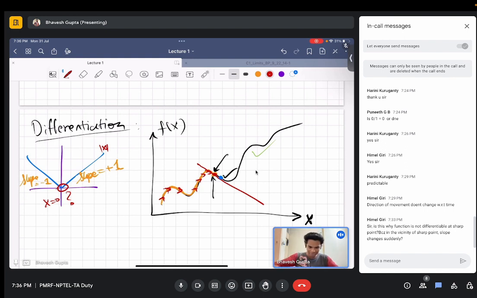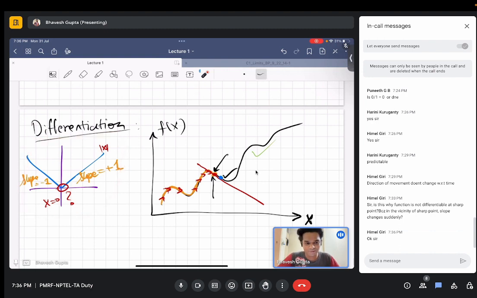So if the rate of change to the left is different from the rate of change to the right, then you cannot comment about the rate of change at that exact point. That's the whole idea. So thank you for raising that excellent question. This was an excellent question, I would say, because this example illustrates the point which I wanted to tell you.